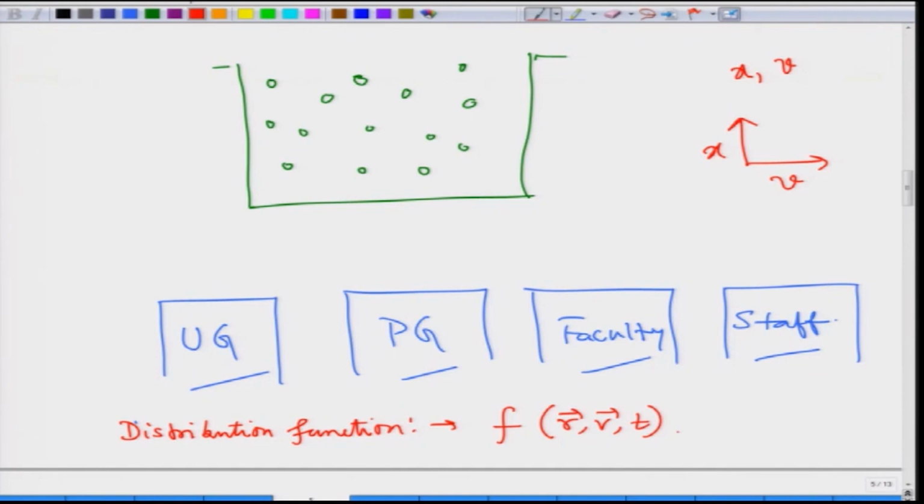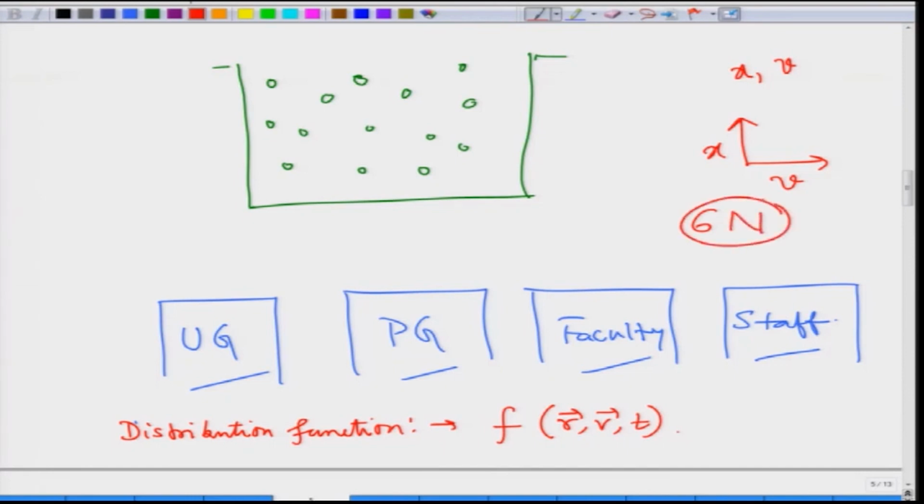Now, if you have a system containing n particles in 3D space, then every particle will have 3 position coordinates and 3 velocity coordinates. So, 6 coordinates. For n particles the system globally will have 6n coordinates, and then you also have time. So, you can say my phase space is a space of 6n dimension.